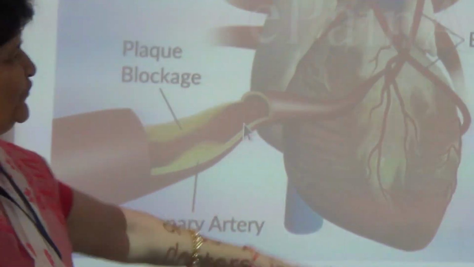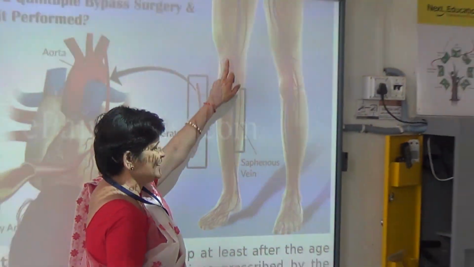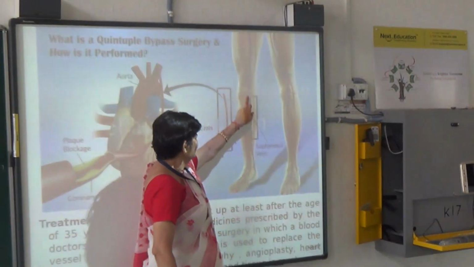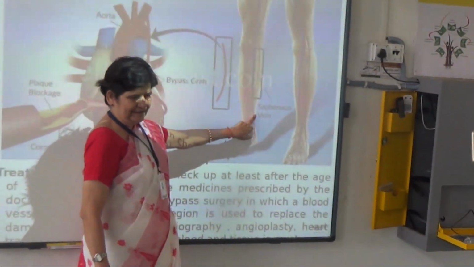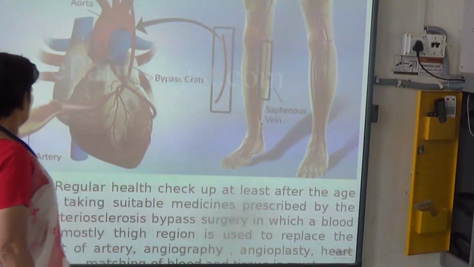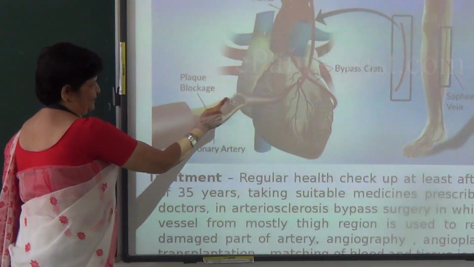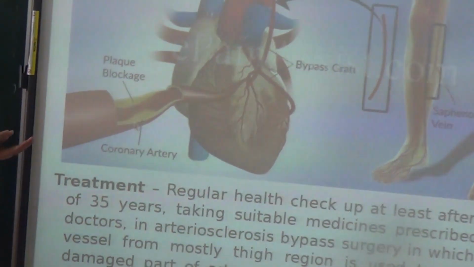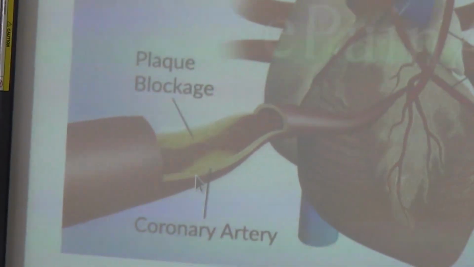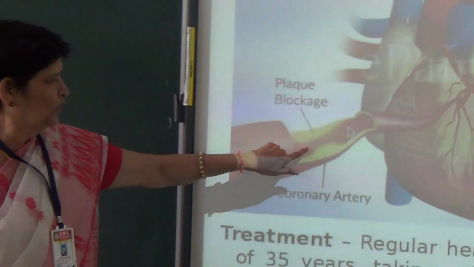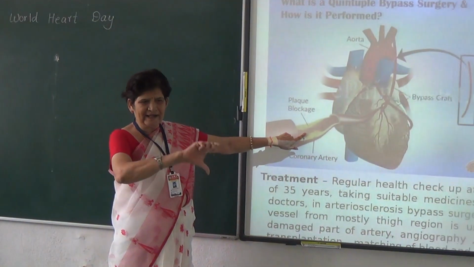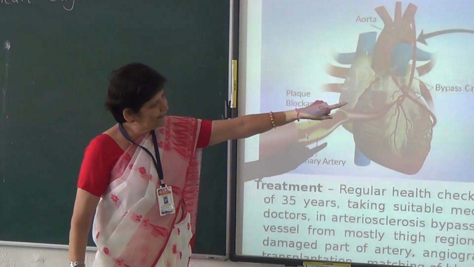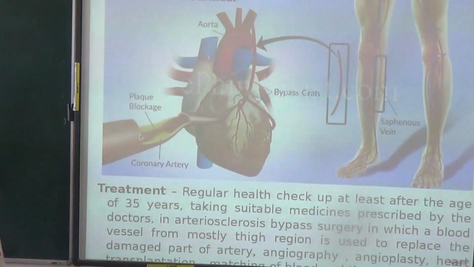Now what is done? From the thigh region, from here, this artery is taken. Only the upper part is cut by the surgery. Whatever cholesterol is there is taken out, and that artery is attached to here.